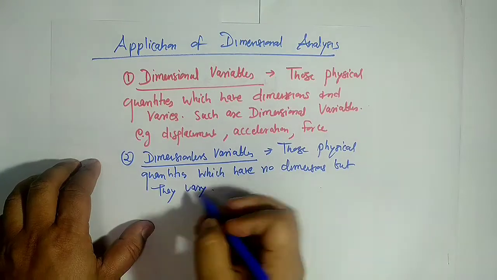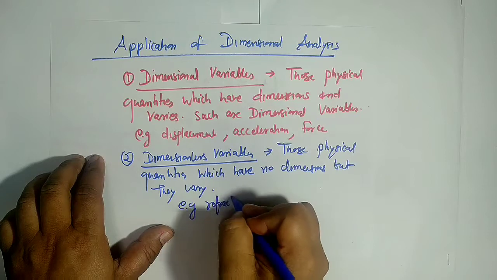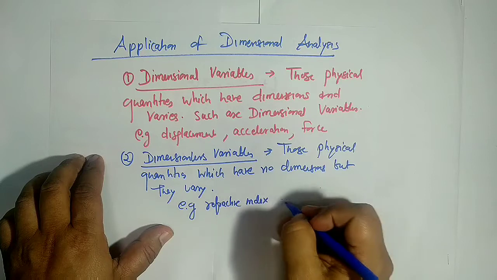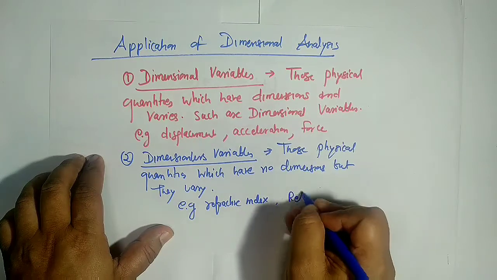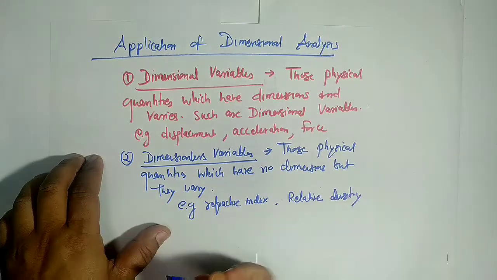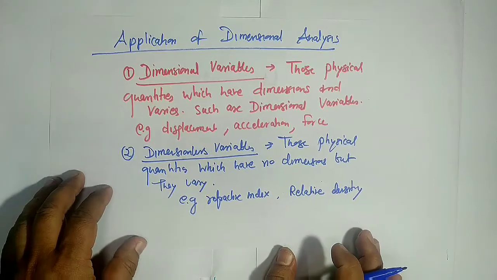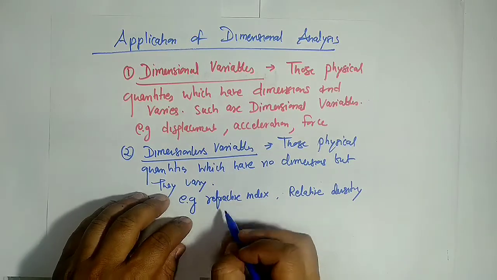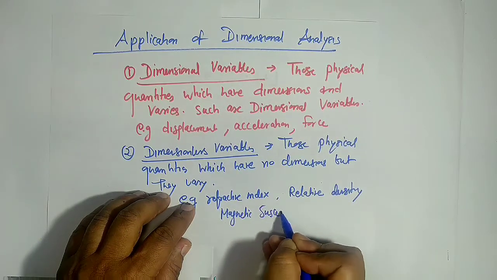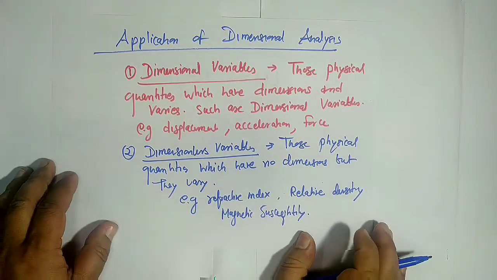Now can you tell me what are those? Yes, one is refractive index. It varies. One is relative density. So in this way, there are a number of quantities, and you will find magnetic susceptibility. You will find this in class 12. So you can find out a number of quantities.